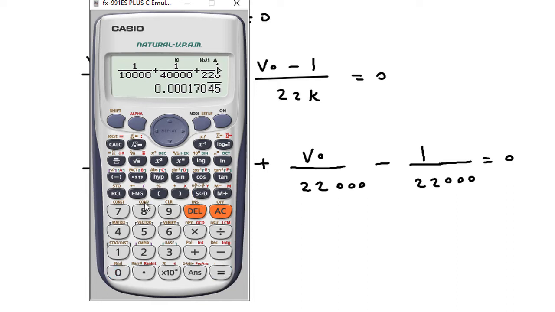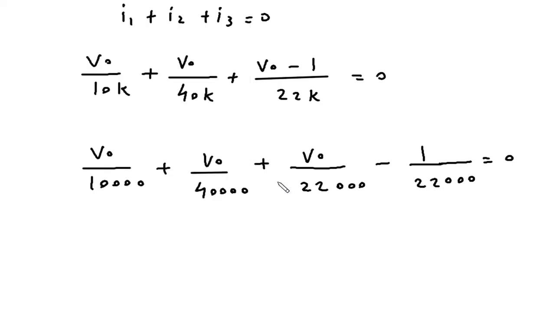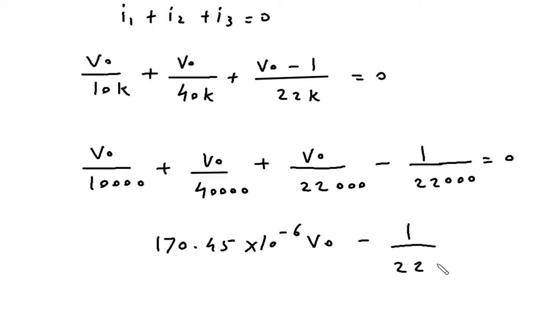So this will be 170.45 into 10 raised to the power minus 6 VO minus 1 by 22,000 is equal to 0, or directly we can write this is equal to 1 by 22,000.